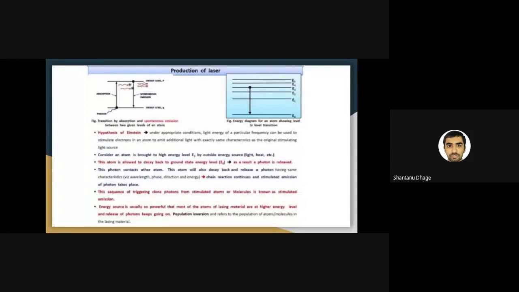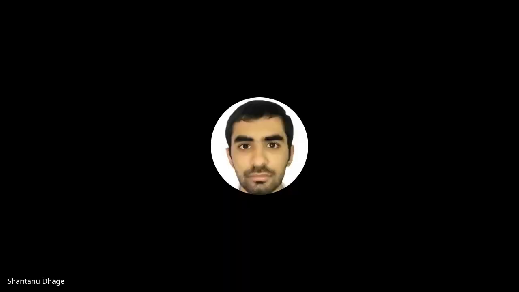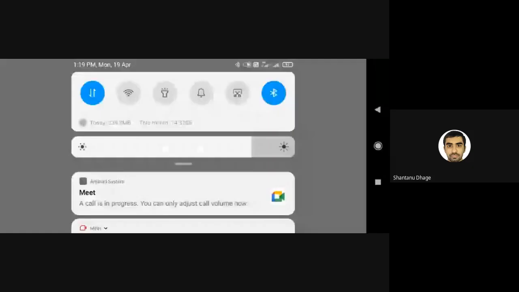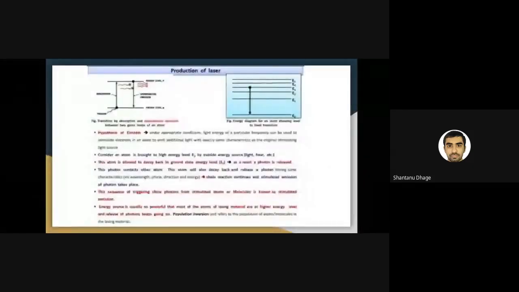So most of the atoms of the lasing material are at a high level of energy, that is the E2 level, and they will decay back, and this process keeps going on. And as you can see in this slide also, the same thing is shown in this figure.